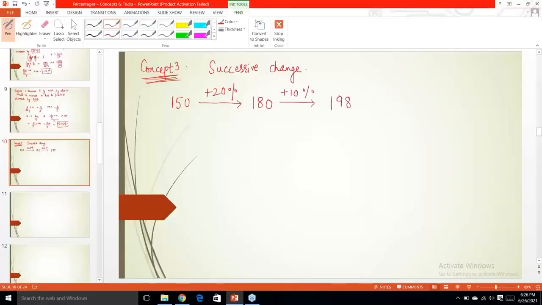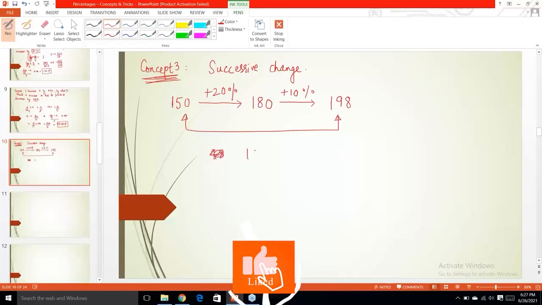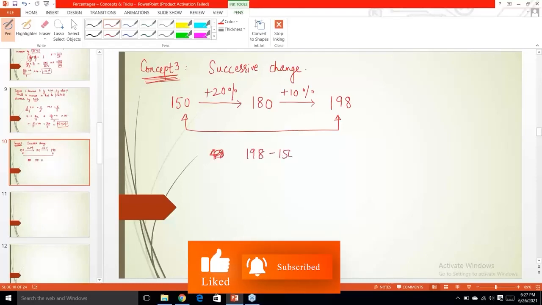The idea of successive change helps us in finding what is the equivalent change between 150 and 198. Now this process could go on for n number of increases or decreases, but let's just restrict ourselves to 2 first. So from 150 to 198, what's the change? The change is final minus initial upon initial into 100, right?